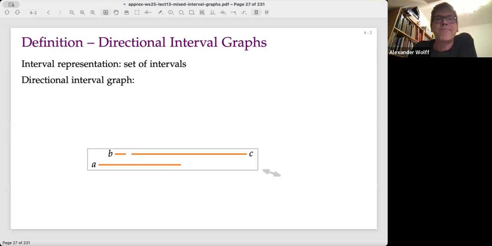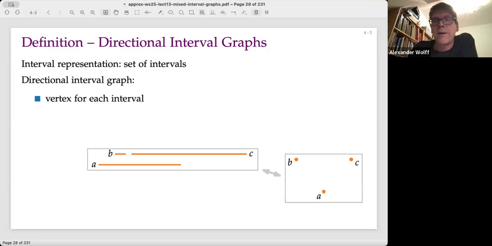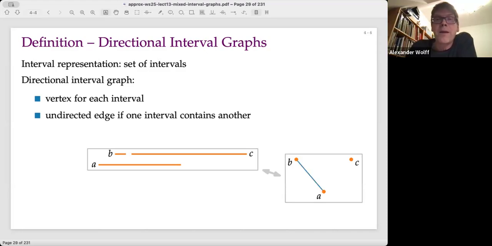So now my middle segments are nothing but intervals. And I define a directed graph on this set of intervals where I make a vertex for every interval, as usual if you look at interval graphs. But I introduce two types of edges, namely the normal edges. If one interval contains another, for example A contains B, they are just connected by an edge.